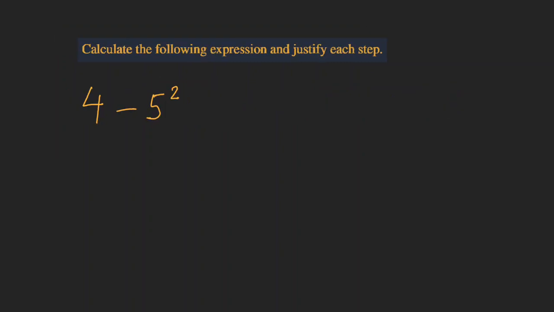Since powers have priority over subtraction, this expression equals 4 minus 5 squared is 25, which is minus 21.